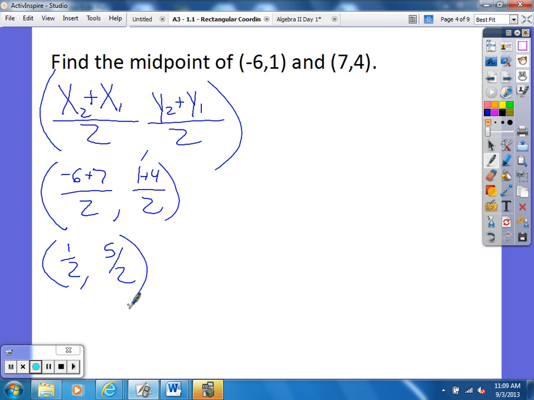You guys agree? -6 plus 7 is just 1. All better now? Okay. Any questions? Midpoint pretty easy? Still review, right?